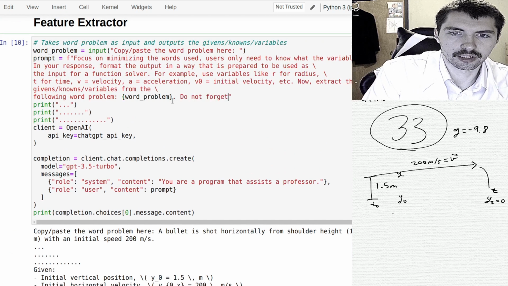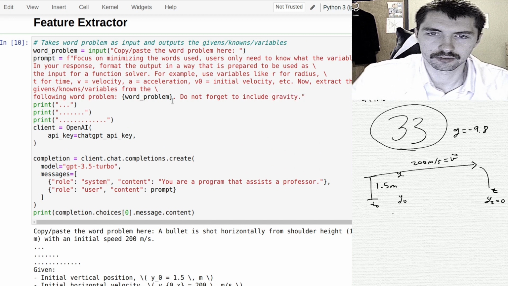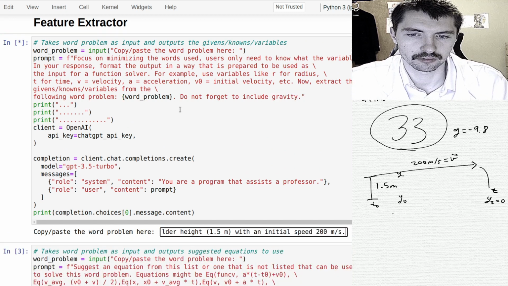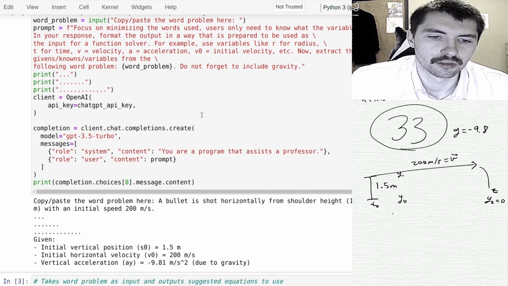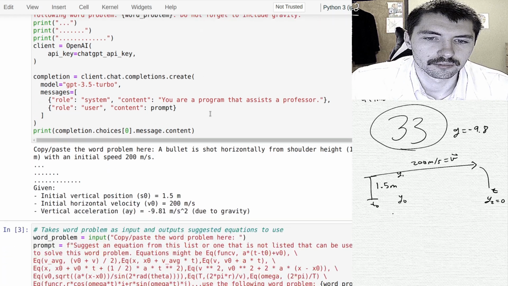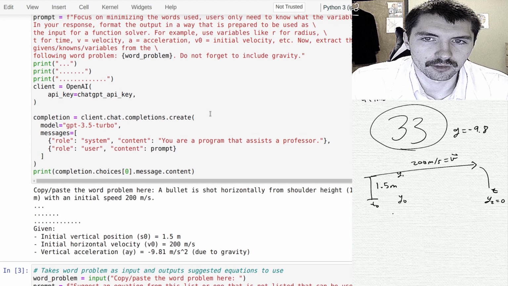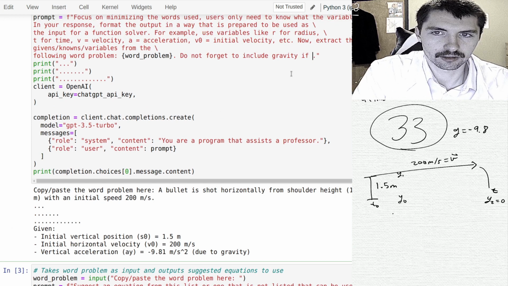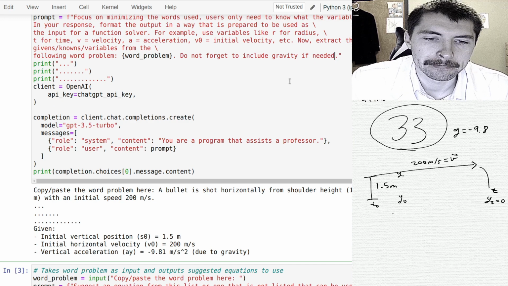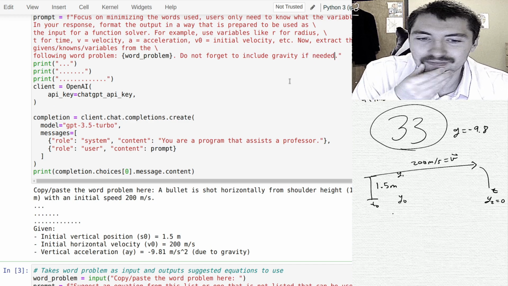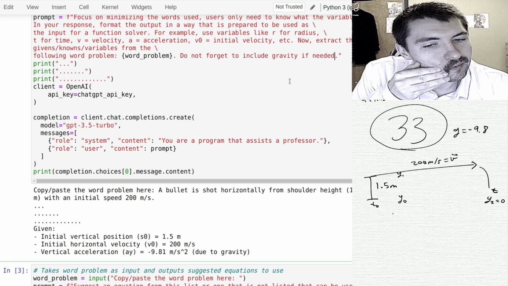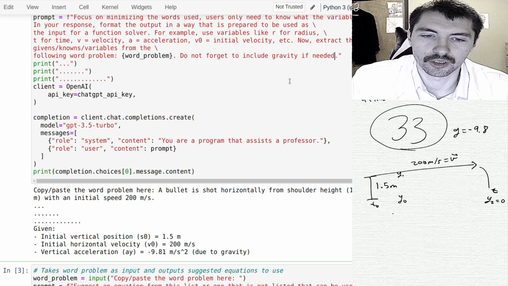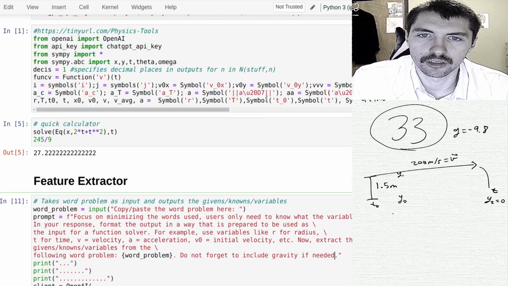Do not forget to include gravity, if needed. So yeah, it's a work in progress.